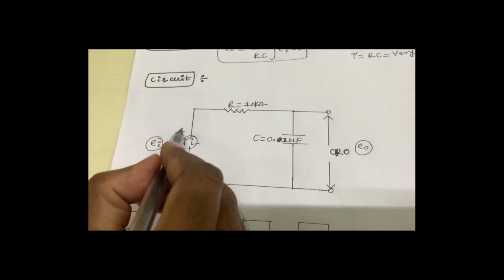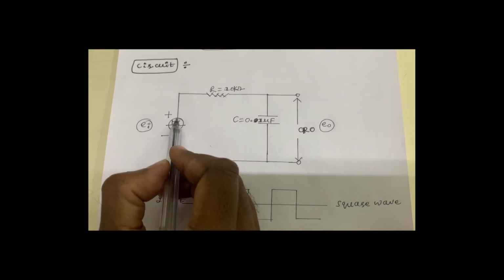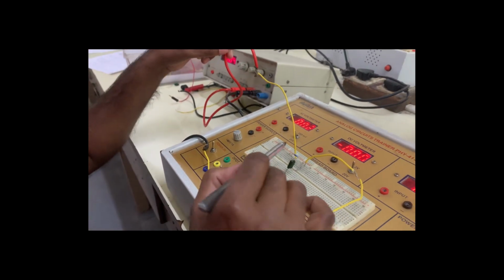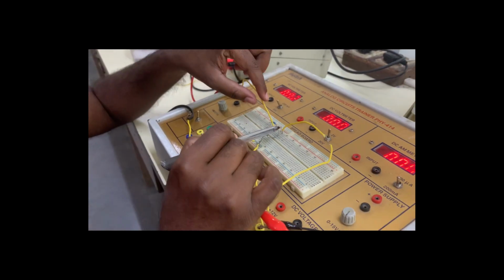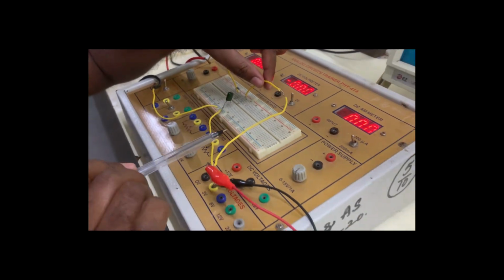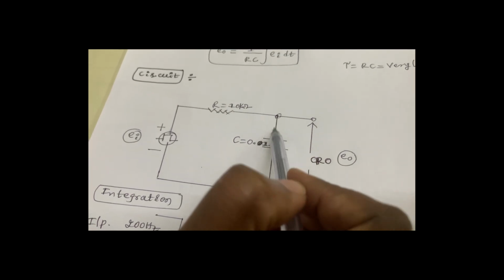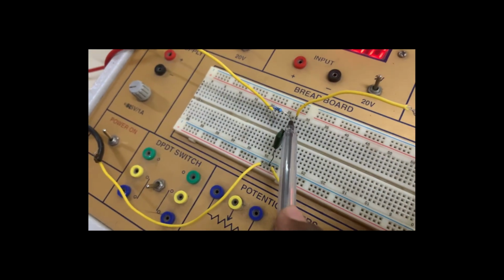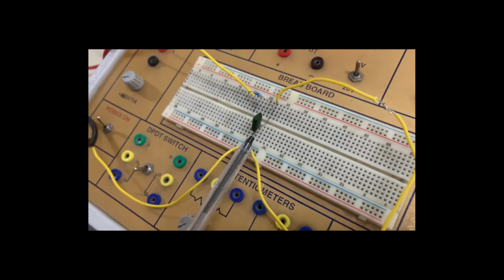This is the signal generator; we have to take the function generator positive and function generator negative. The function generator positive goes to one end of the resistance. The other end of the resistance goes to the CRO, and another to the capacitor. How many are there? There are 3 here: the resistance one end, the CRO probe end, and the capacitor end.